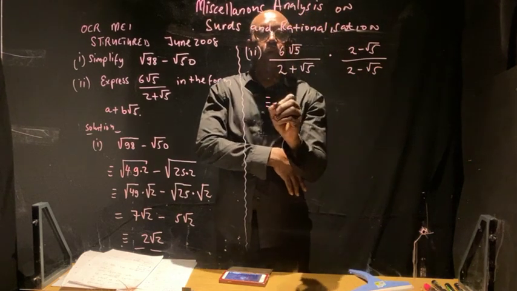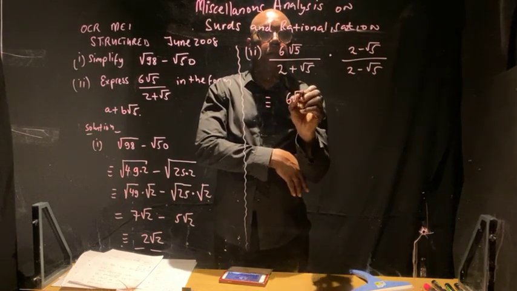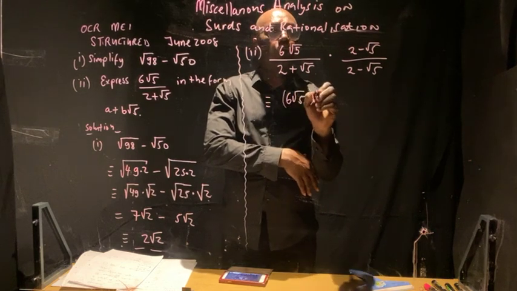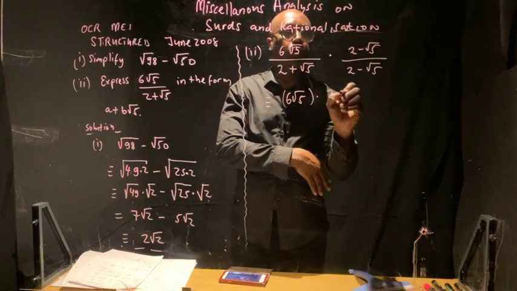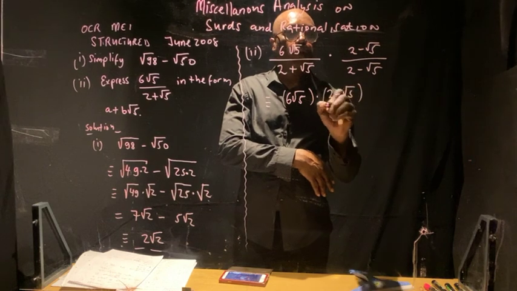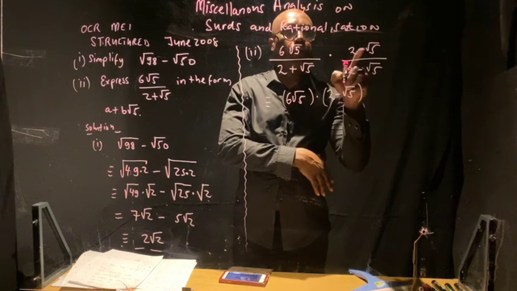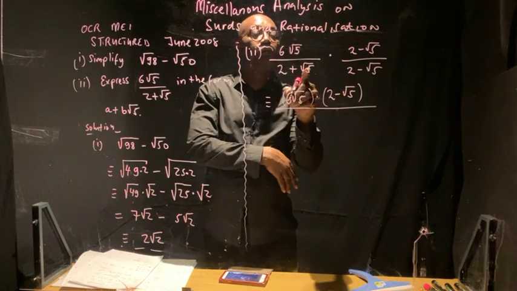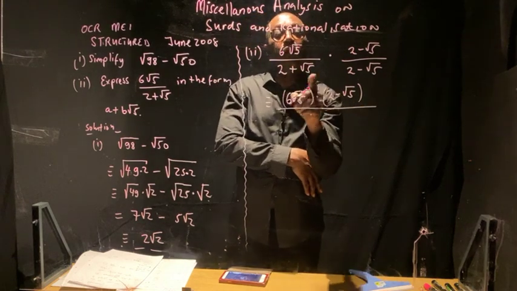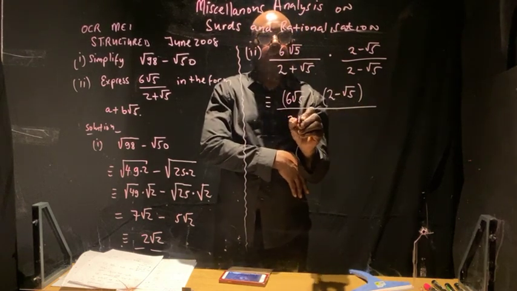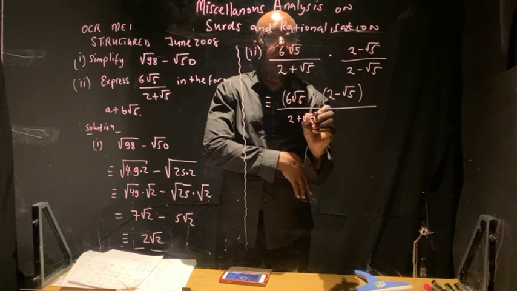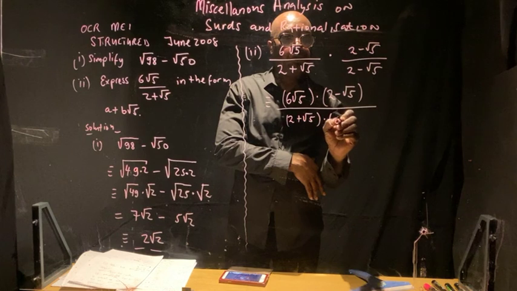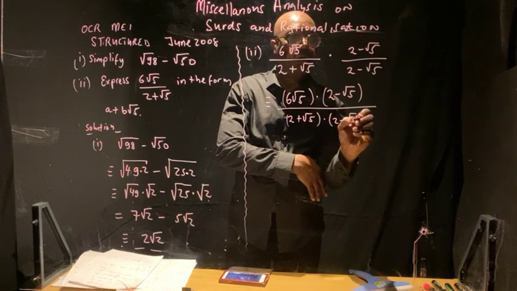This one is no different from 6 root 5 being multiplied by 2 minus root 5, which is the numerator. Then the common denominator becomes 2 plus root 5 multiplied by 2 minus root 5.